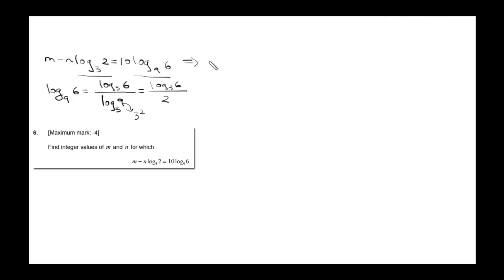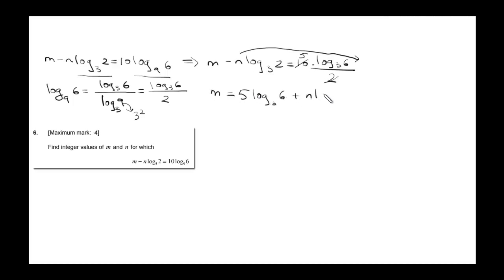So my equation becomes m minus n log base 3 of 2 equals 10 times log base 3 of 6 over 2. We simplify, we are left with 5. So m equals, we move n log base 3 of 2 to the other side, we change the sign. That will be 5 log base 3 of 6 plus n log base 3 of 2.